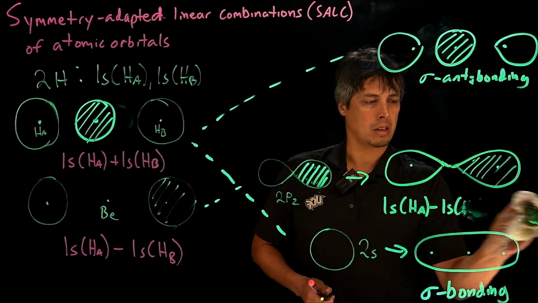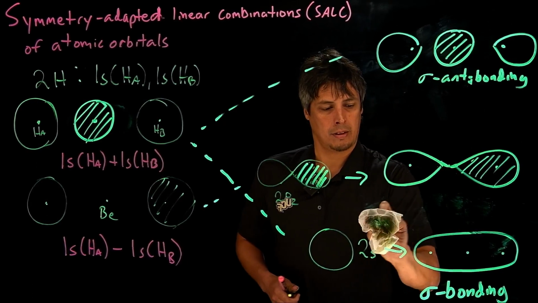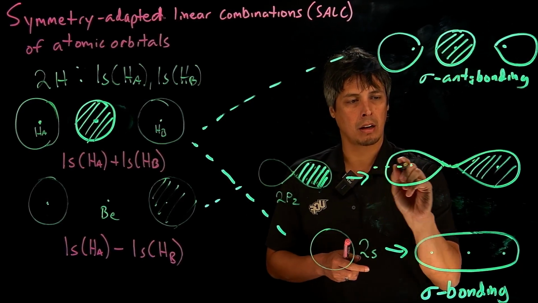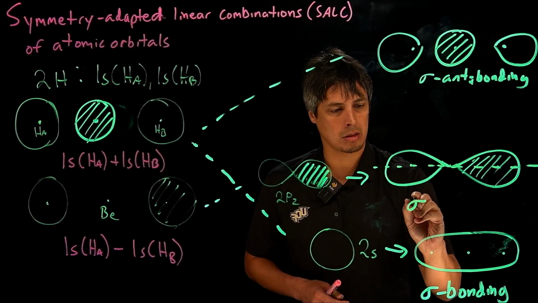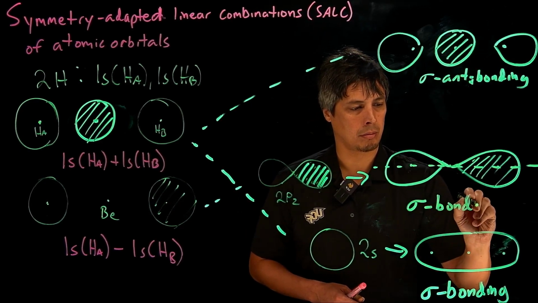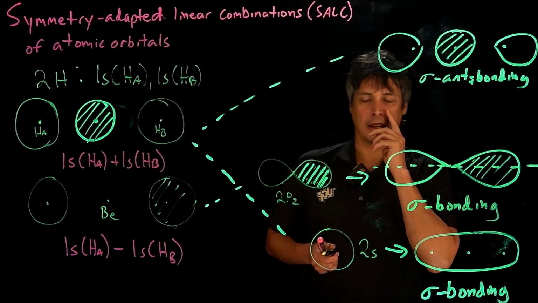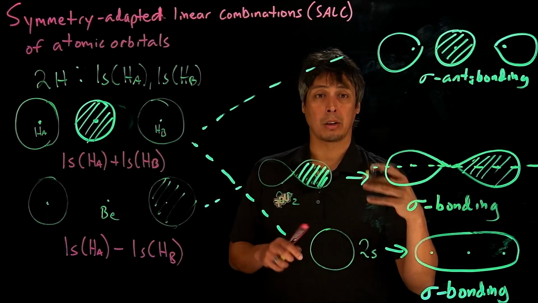And we have rotational symmetry through the internuclear axis. So this is also a sigma bonding orbital. Okay? And then, of course, we have the corresponding antibonding orbital for this.